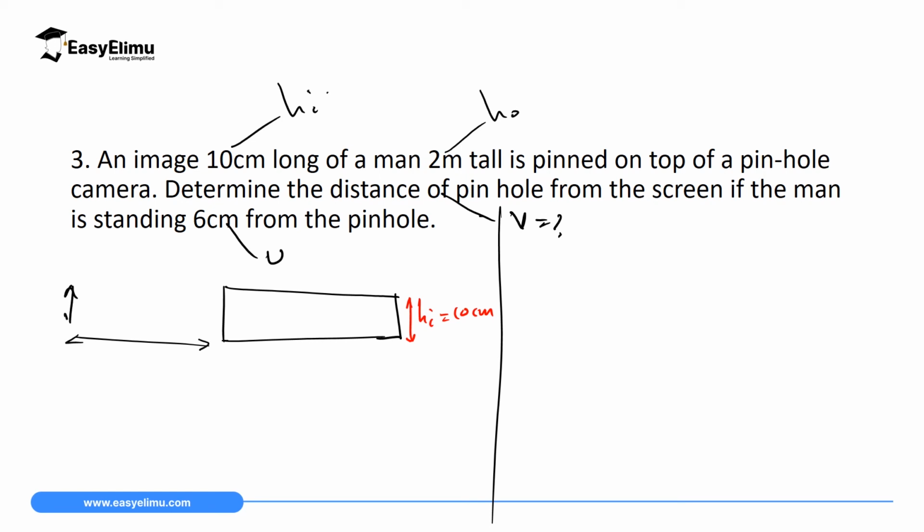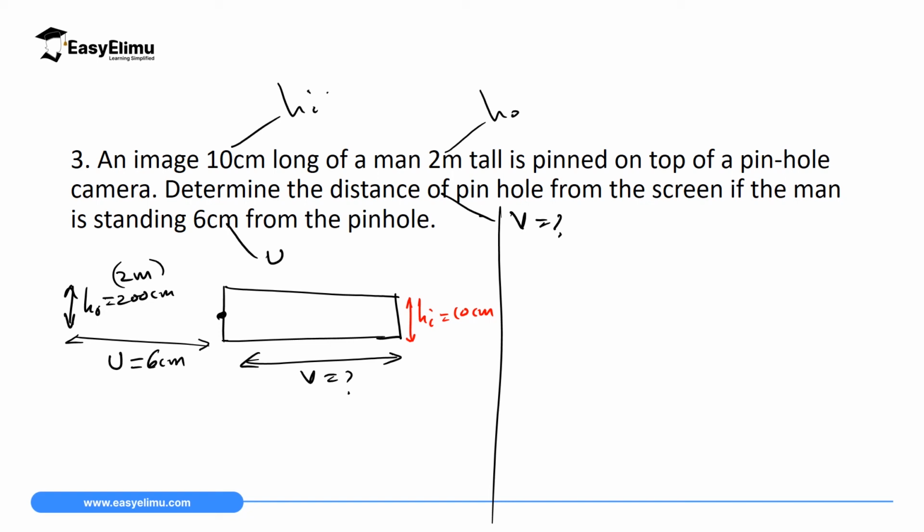Here we have HO, which is 2 meter. 2 meter converted to centimeter is 200 centimeter. Then do we have U? Yes, U is the distance of the man from the pinhole, which is 6 centimeter. Then what are we looking for? The distance of the pinhole from the screen, which is V. In this case, we don't have V.